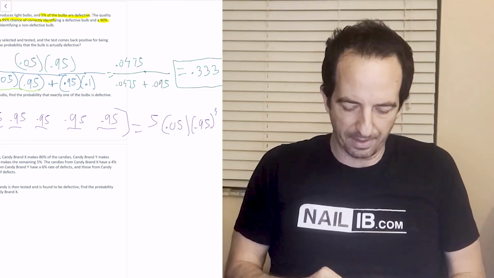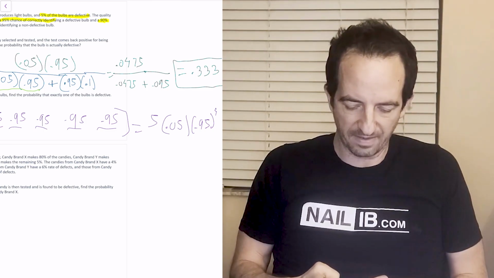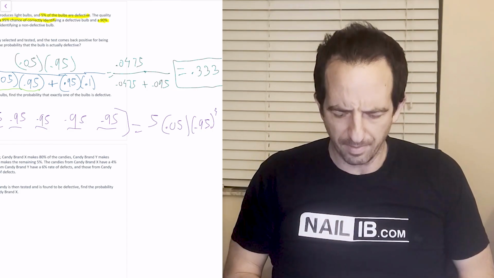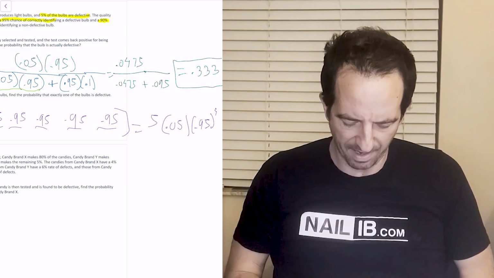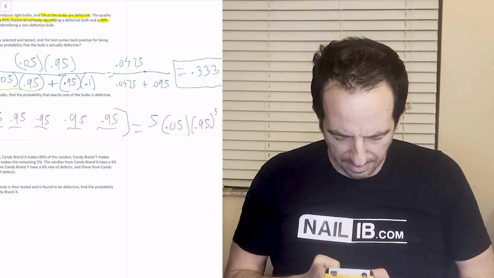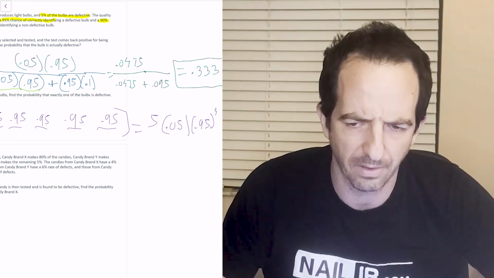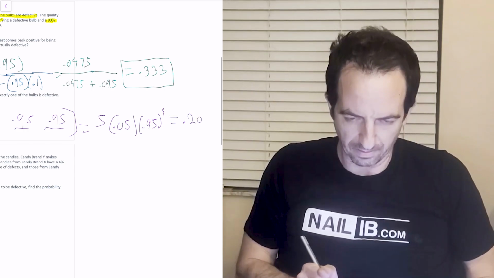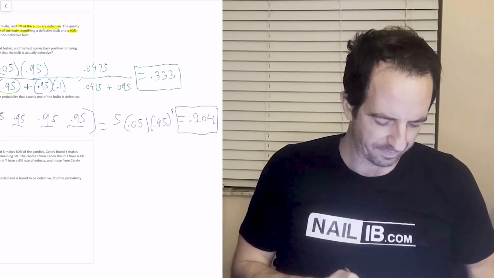Let me make sure here: 0.05 times 0.95 to the 4th times 5 gives me a probability of 0.203, or 0.20 after rounding. And so that would be my final answer for that one.